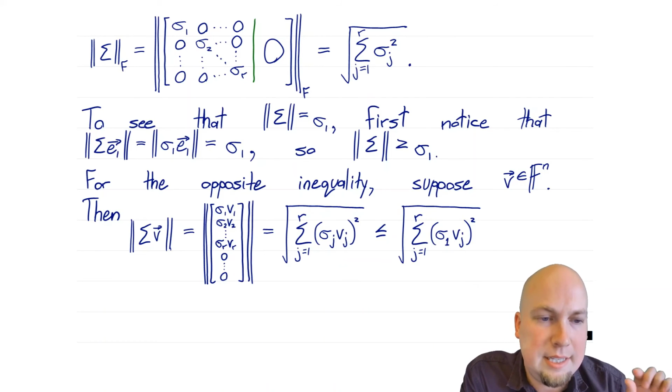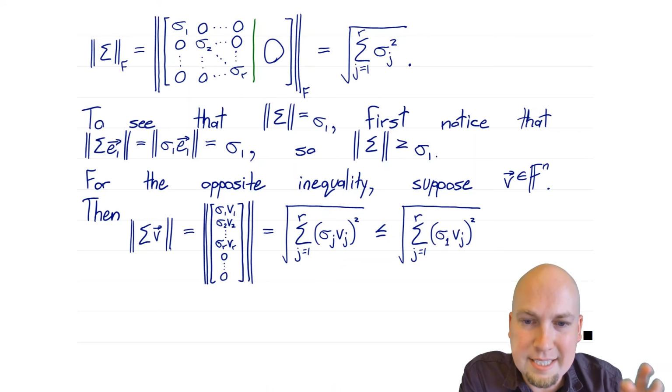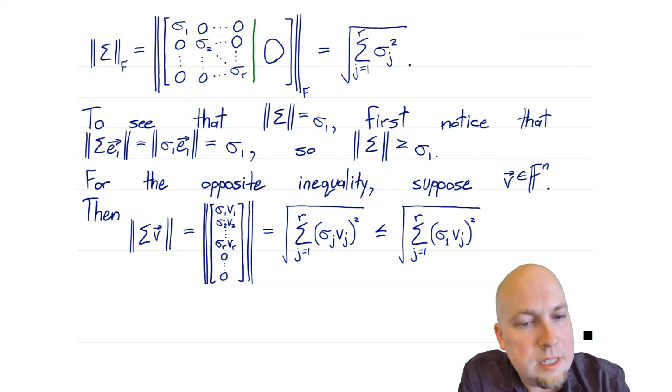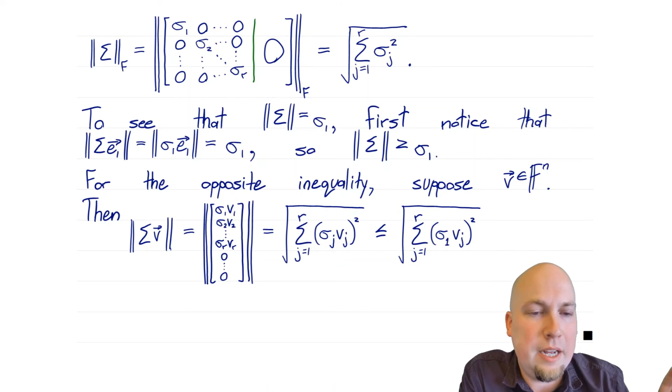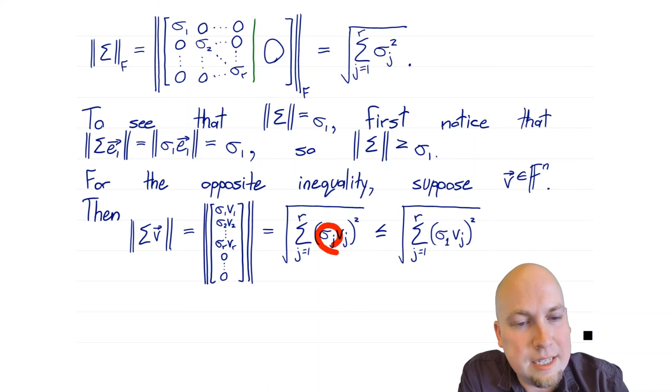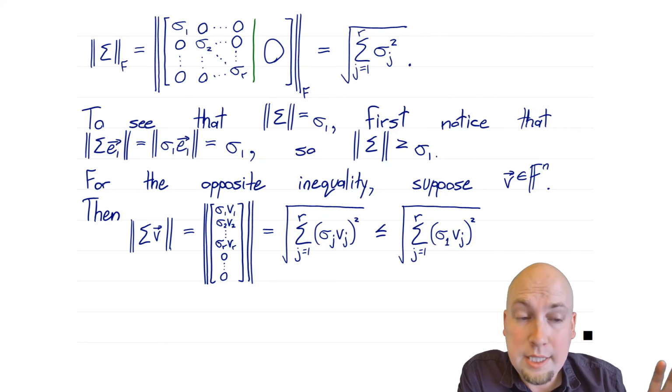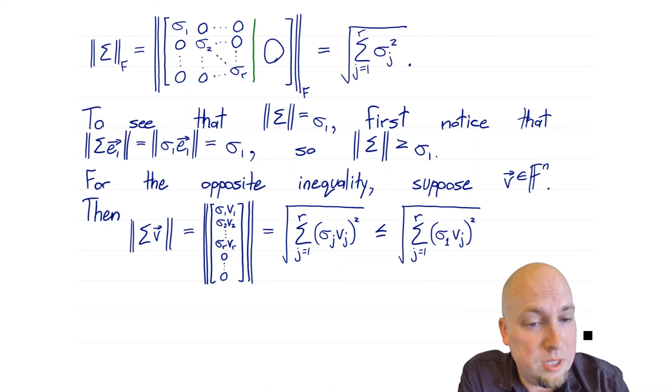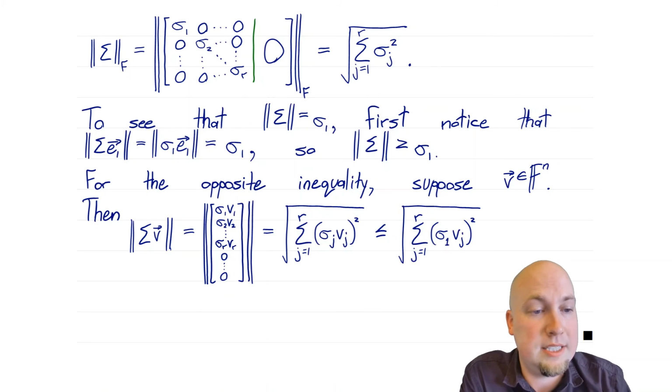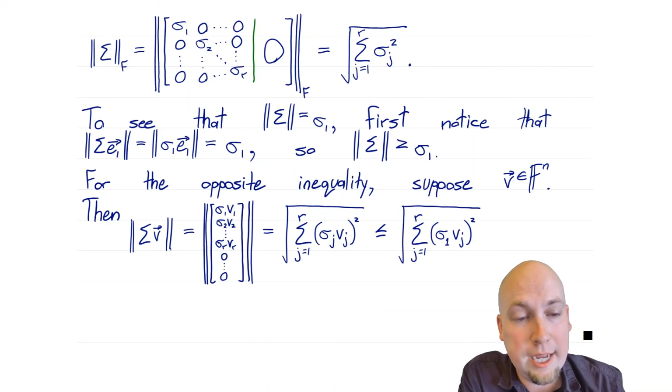And now here's the clever step. This is really the key step that gets us what we want. Notice that sigma 1 is the largest of all these singular values. So if I replace each sigma j by sigma 1, I certainly get something that's bigger than or equal to this original quantity, since sigma 1 is bigger than or equal to sigma j.